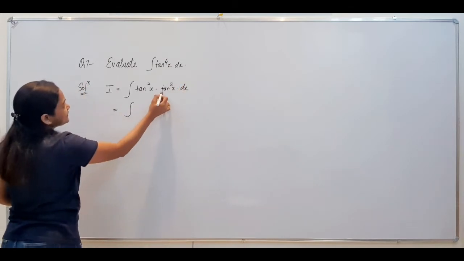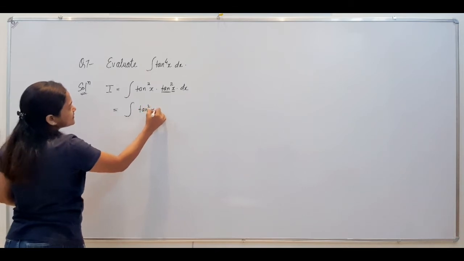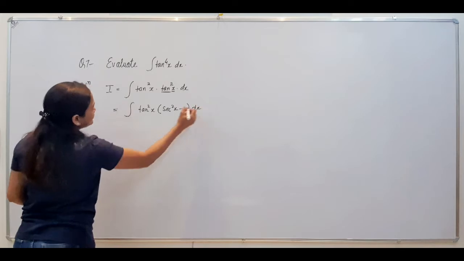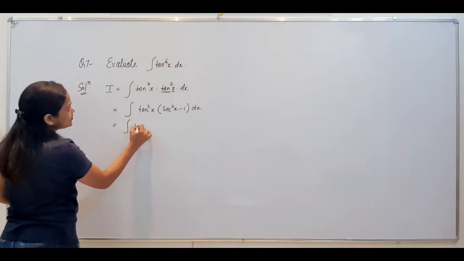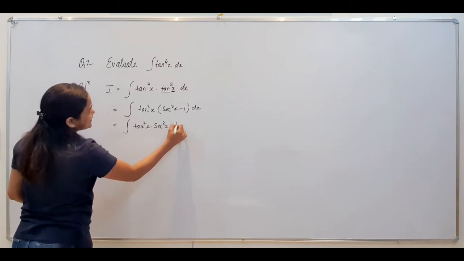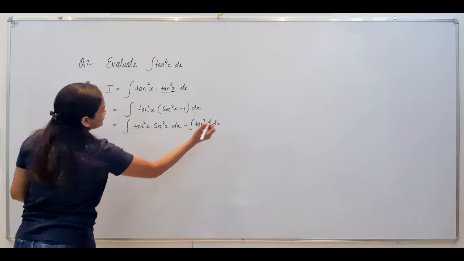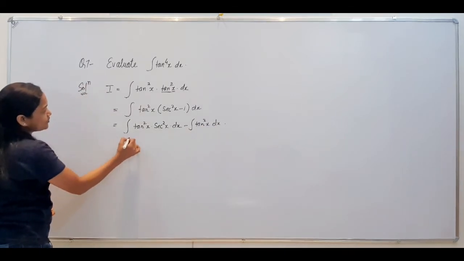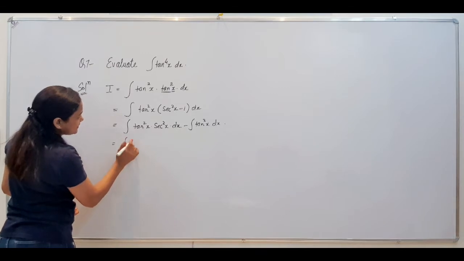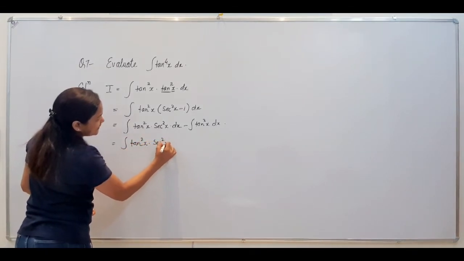Now tan square x, what can you write it as? sec square x minus 1, and this will be equal to tan square x into sec square x dx minus tan square x dx. So your I, this is tan square x into sec square x dx.